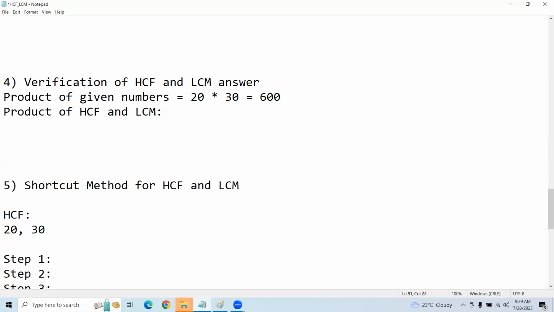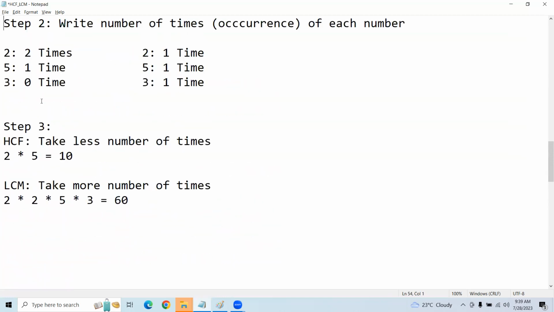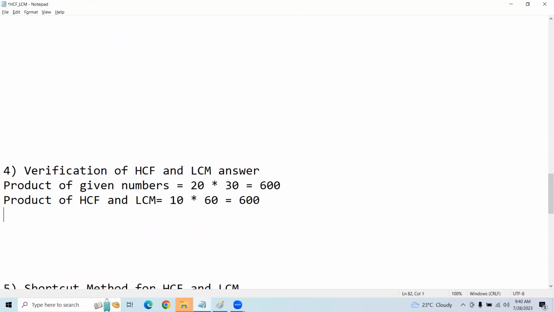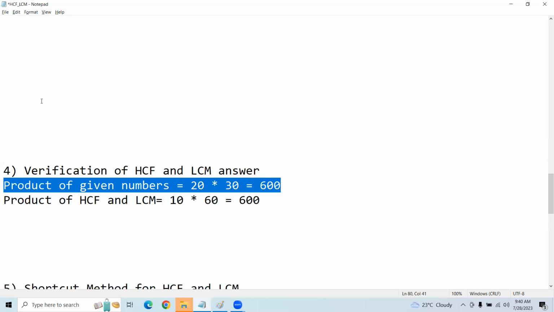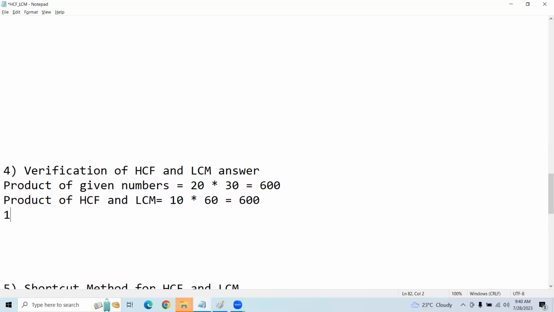So what answer we got for HCF? We got answer as 10 and for LCM we got 60. So let's try to do this calculation. 10 into 60. Is it 600? Yeah. So product of given numbers and product of HCF and LCM, it is same. So we can say that our answer is correct.